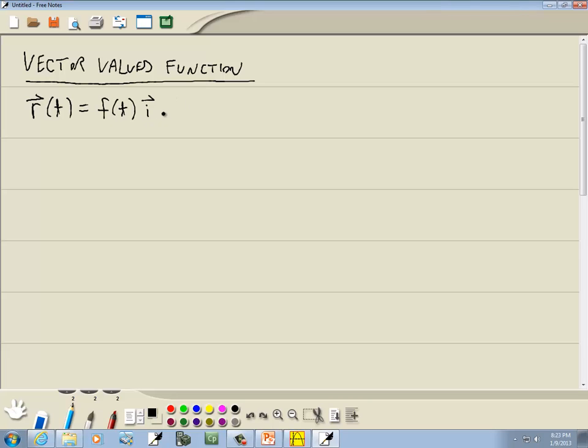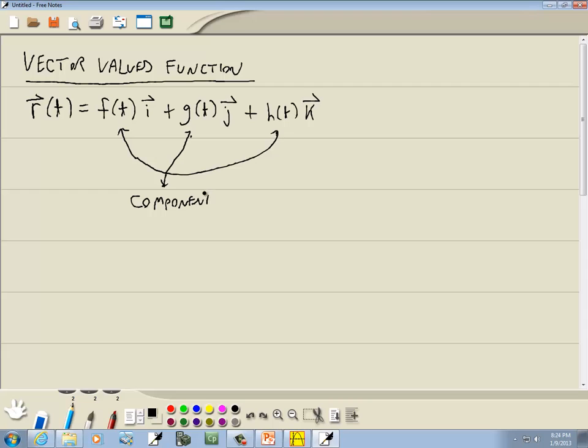We've got f of t i plus g of t j plus h of t k. Now the i, j, and k are vectors, and the f of t, g of t, and h of t are called our component functions.